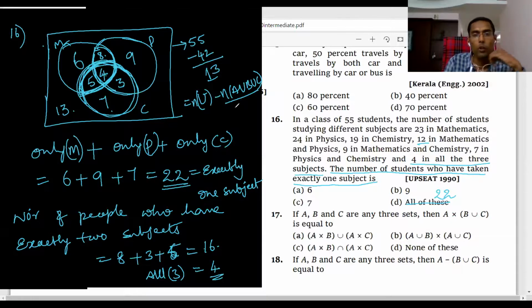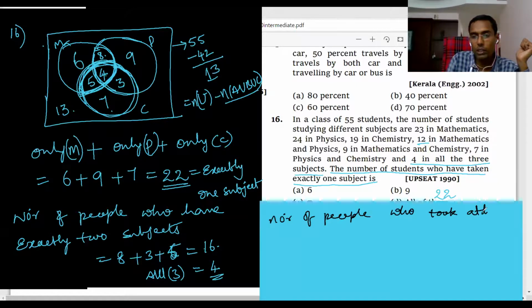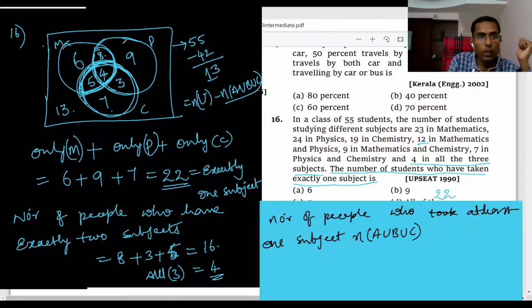If the question is the number of people who took at least one subject, at least one means A union B union C.